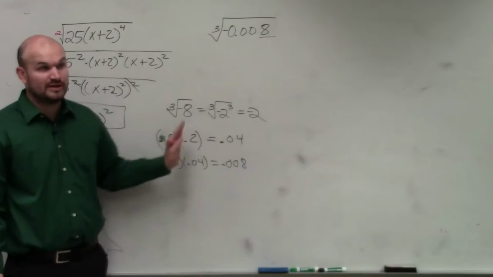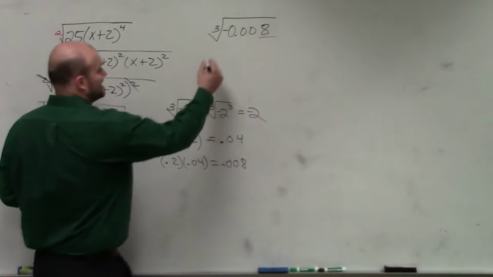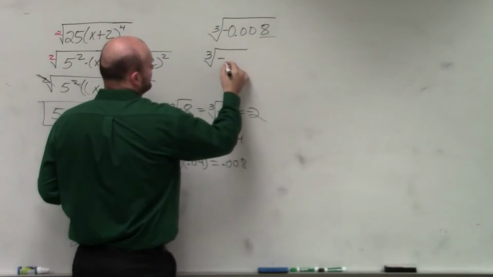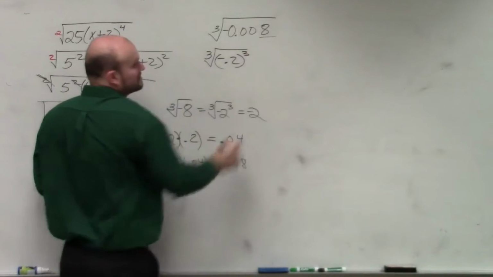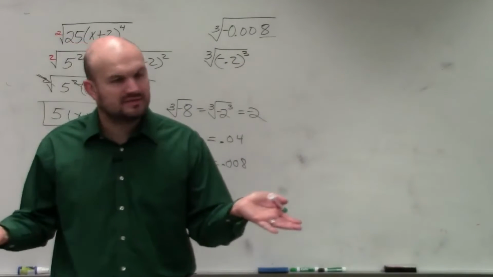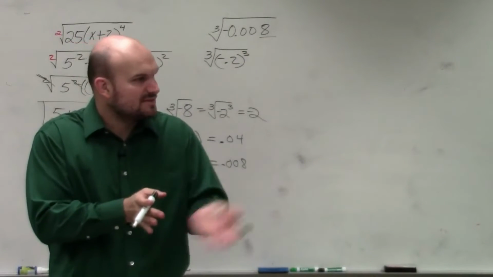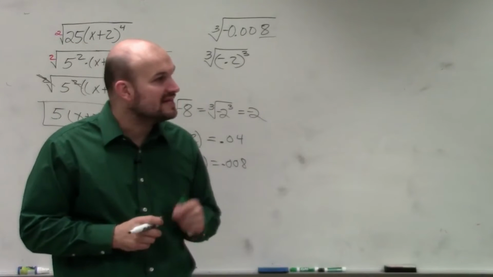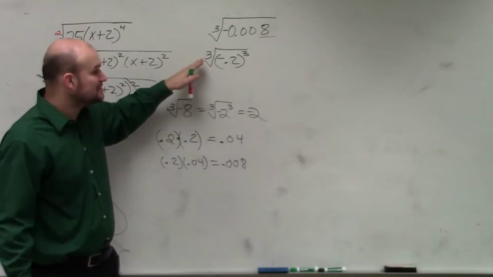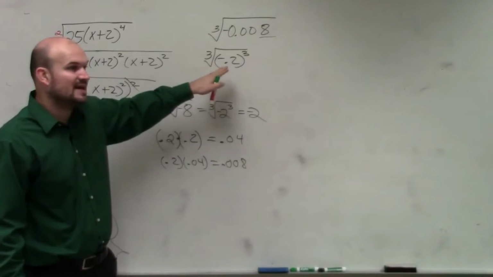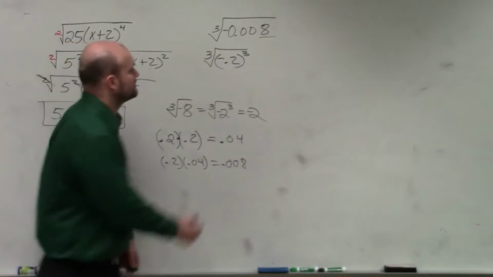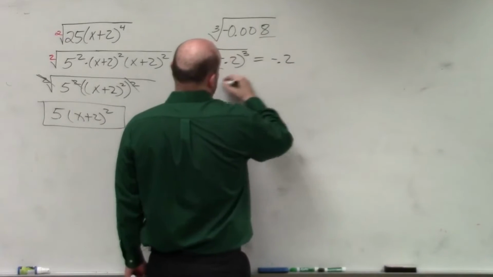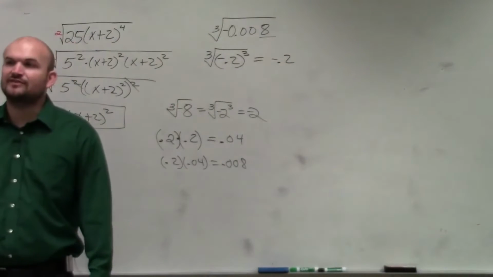I'm just going to show you that's what it works out to be. So therefore, this answer would be the cube root of negative 0.2 cubed. And if you have a calculator, you can try it. Guess and check: do 0.2 times 0.2 times 0.2. Since you're taking the odd root, you can simplify negatives and positives. So your simplified answer would be negative 0.2.